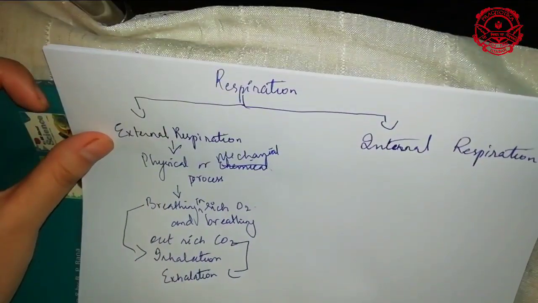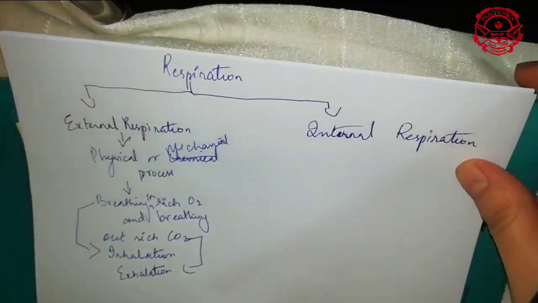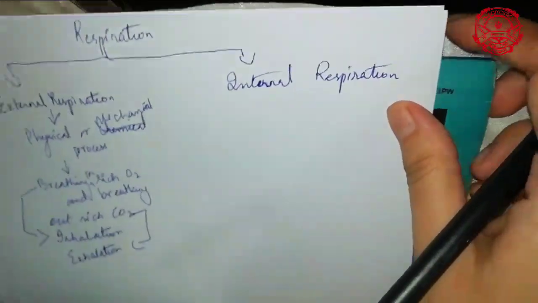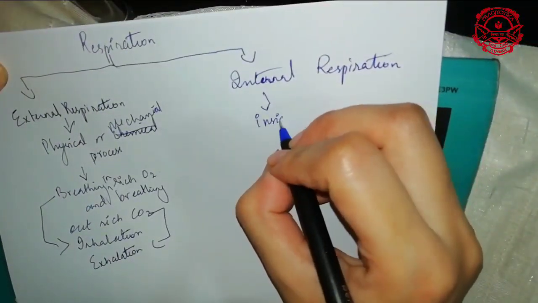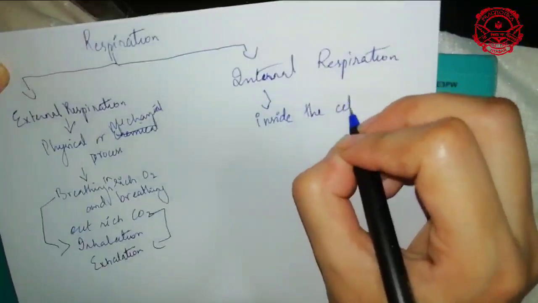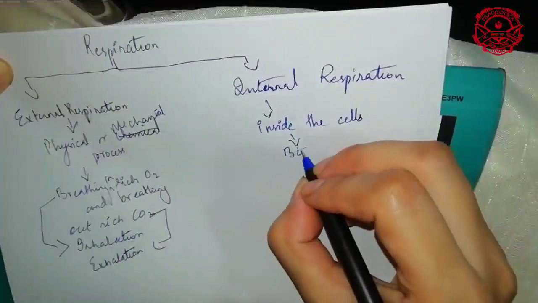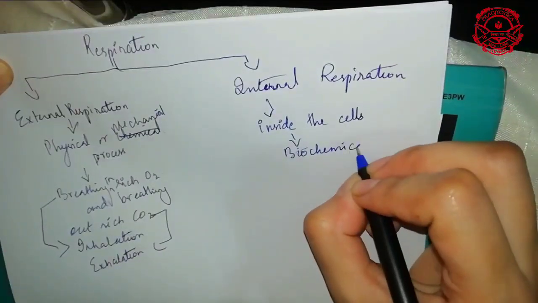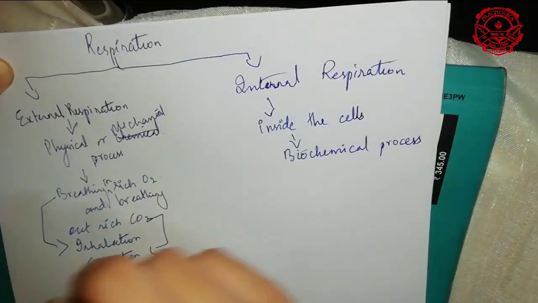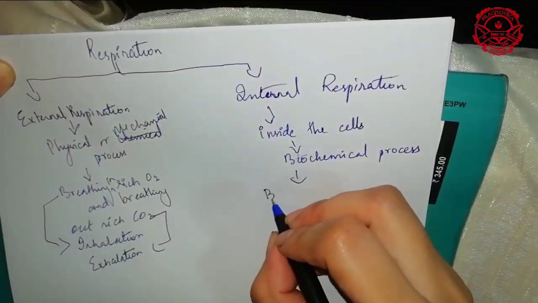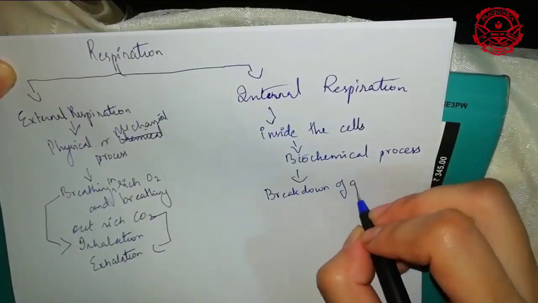Moving on to the next, we have internal respiration, or cellular respiration. Internal respiration takes place inside the cells, and it is also a biochemical process. It involves the breakdown of glucose.